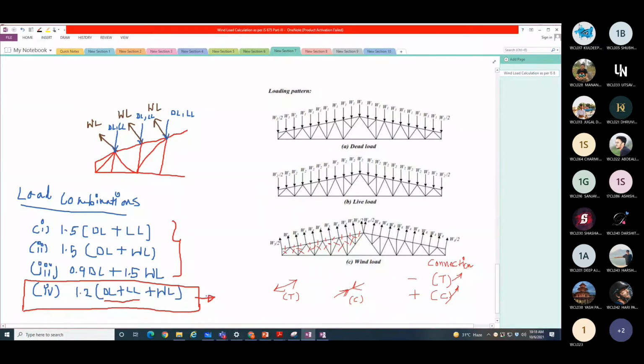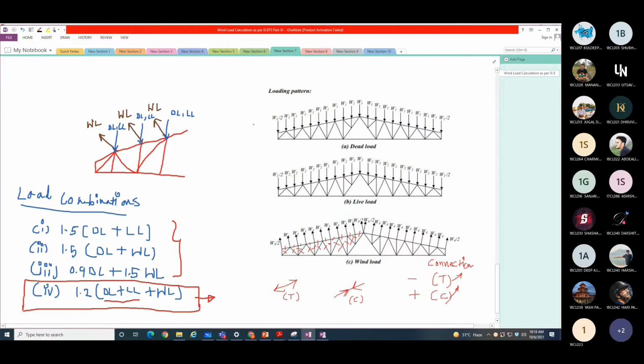If you want, you can do the analysis and find the stresses, but it won't give the highest stresses in the member with respect to this combination. So generally these three combinations are to be considered for the analysis: dead load plus live load, or dead load plus wind load with different coefficient values, right?